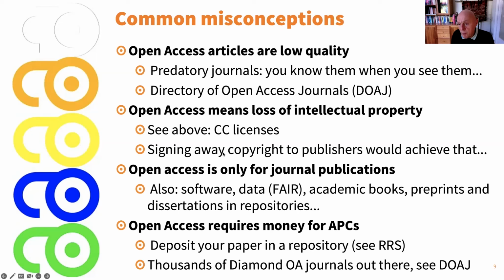So you can deposit in a repository and subsequently publish it in an open access journal, as long as you update the version in the repository later on, in the sense that after submission to the open access journal and the reviews, the article will change. So you have to update and very clearly say that this is the second version of your paper. But in principle, there is no ban on publishing the article in a repository if it is in an open access journal that accepts CC BY licenses.